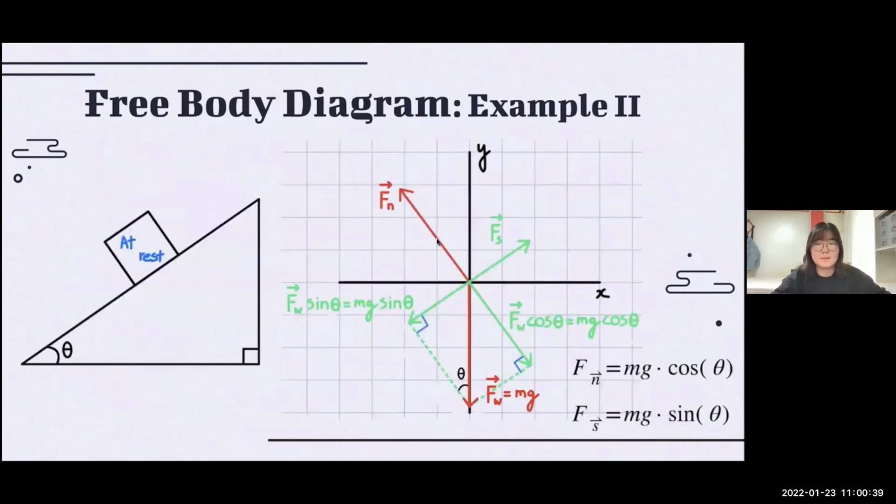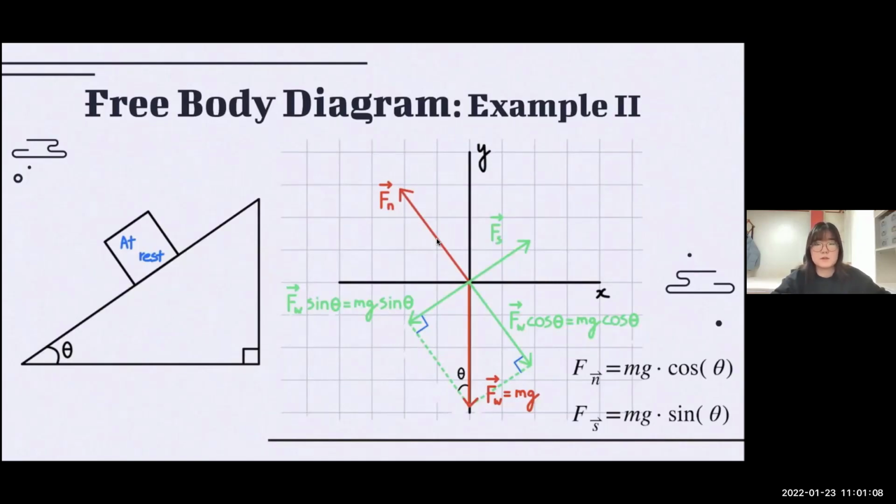And unlike the box problem, when we have an inclined surface, it is important to divide the force into components when drawing free body diagrams. There are a total of 3 forces: gravitational force, normal force, and friction force acting on the object. Since the object is at rest, the friction force is specified as static friction and net force equals 0, which means all forces cancel one another.